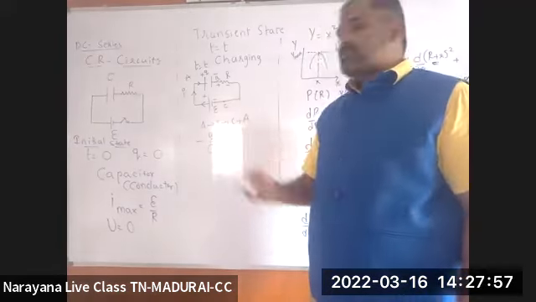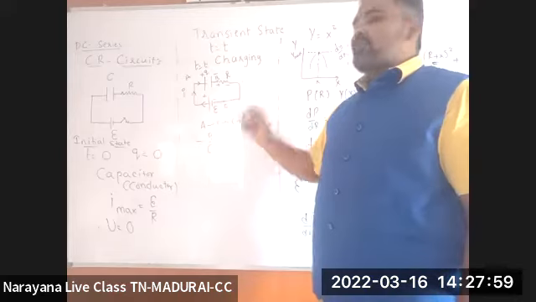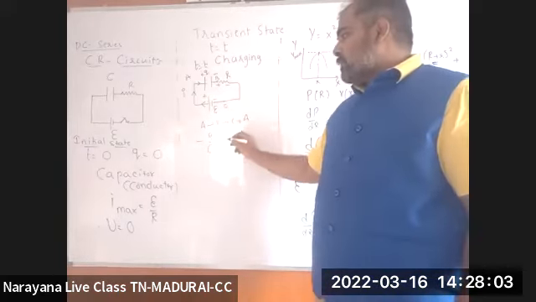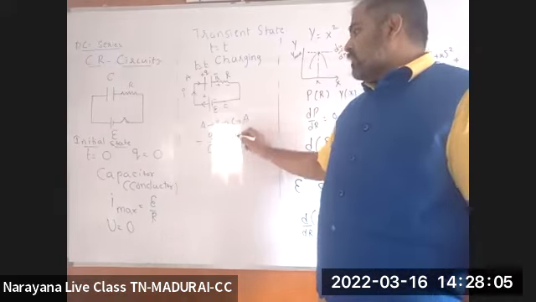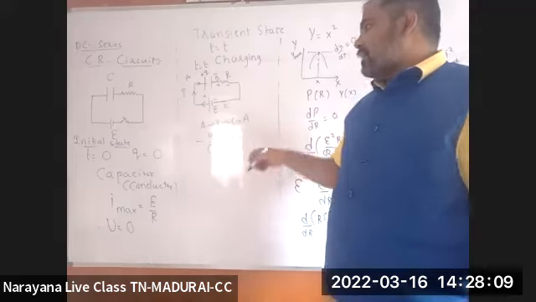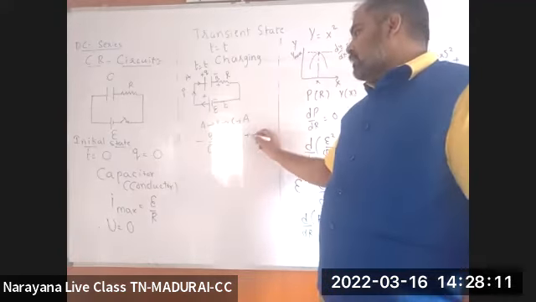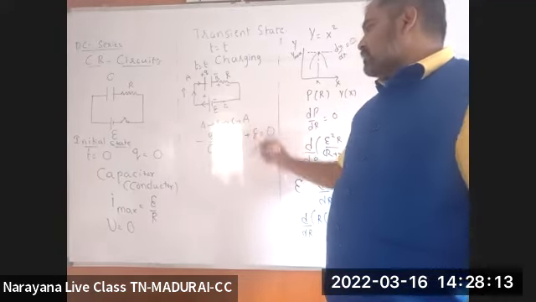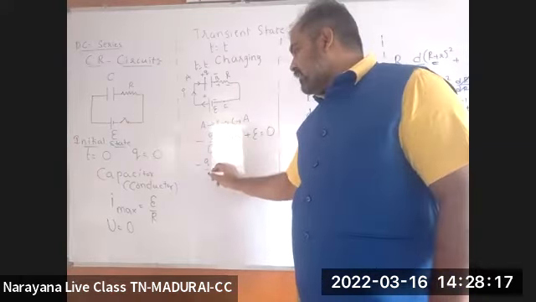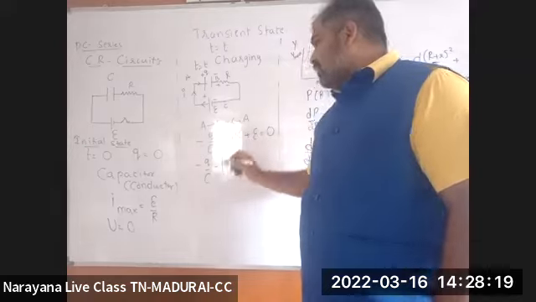Q by C. Then entering from B to C, high to low means minus I into R. Next I am entering from C to A, low to high means plus E, equal to 0. So here minus Q by C and minus I R.